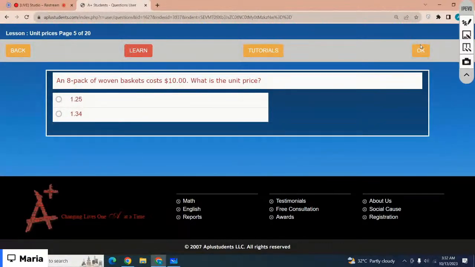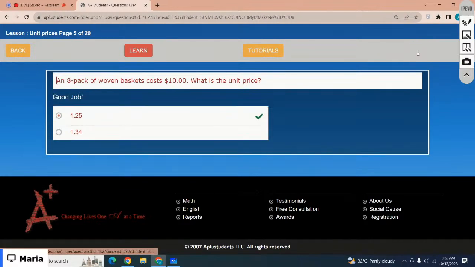An 8 pack of woven baskets costs $10. What is the unit price? Which is the correct option? 10 divided by 8 is, very good, 1.25. The correct option is 1.25.